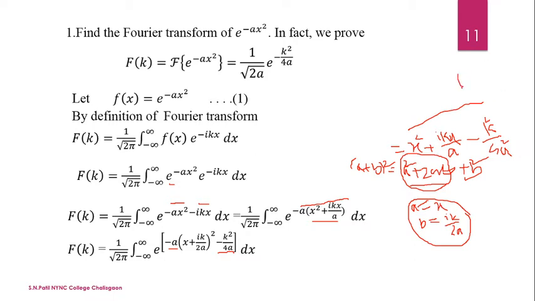Then the remaining term is k square upon 4a. That is the simplification after multiplying: minus a x square minus i k x plus k square upon 4a.